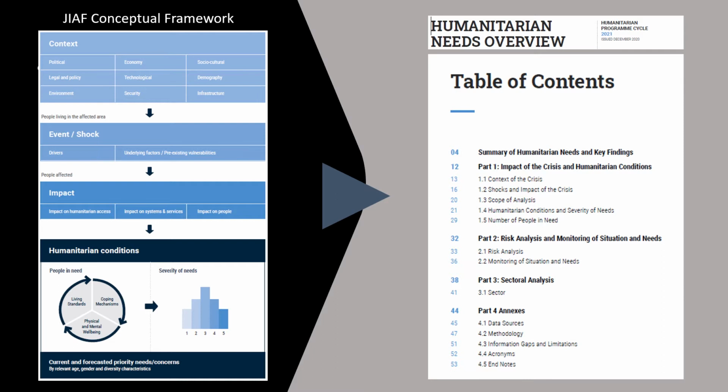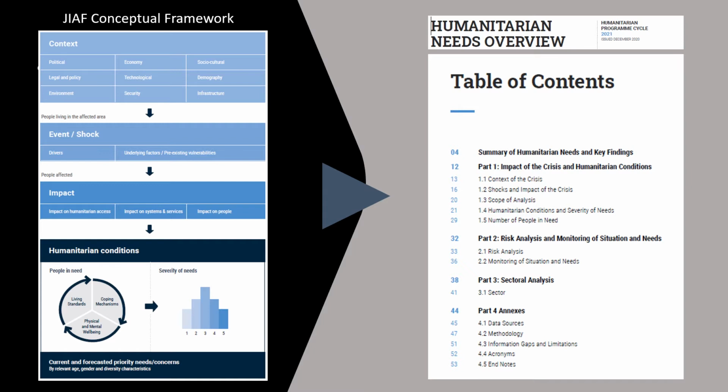As a reminder, let's look at how the JIAF and the HNO link. The HNO is where we present our findings from the JIAF process. The HNO illustrates the evidence base we developed using the JIAF that will then underpin the collective humanitarian response.